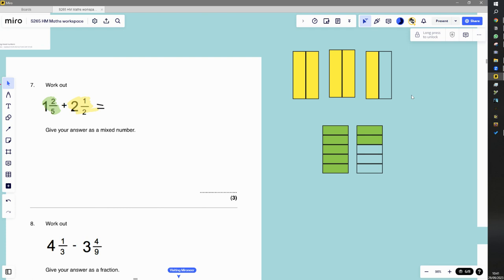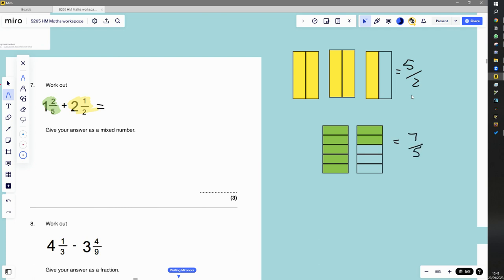Then I've chopped another one into 5 bits, and I've just got 2 of those 5 bits. Looking at that diagram, I can see that 2 and a half is the same as 1, 2, 3, 4, 5 halves, or 5 over 2. And 1 2/5 is the same as 1, 2, 3, 4, 5, 6, 7 fifths.